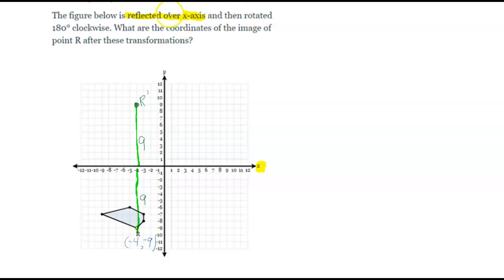Then we're going to rotate 180 degrees clockwise. All right, first thing I'm going to think when I read that, rotate 180 degrees clockwise. I'm rotating it. Immediately I think to myself, okay, what were my rotation rules?